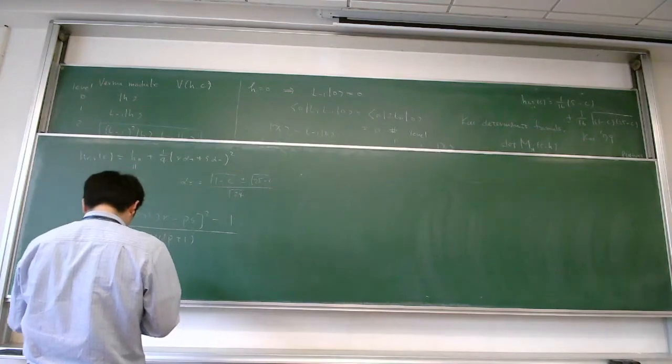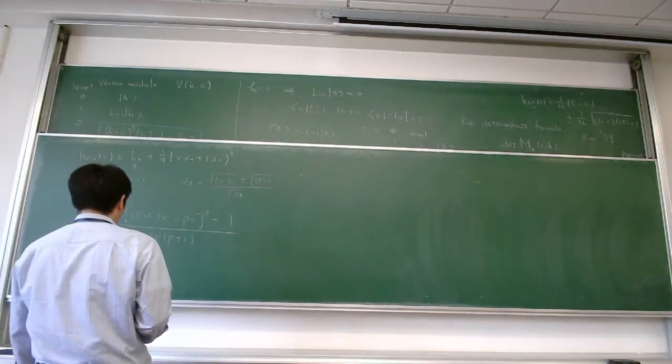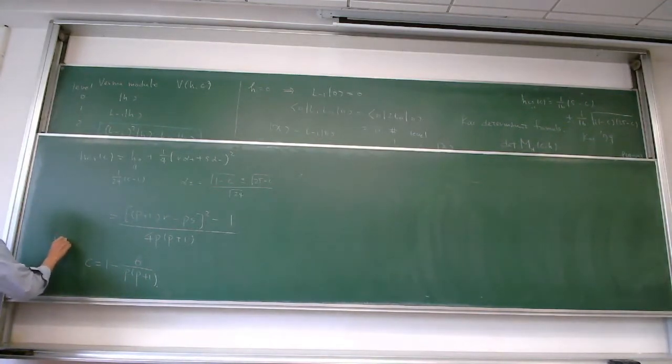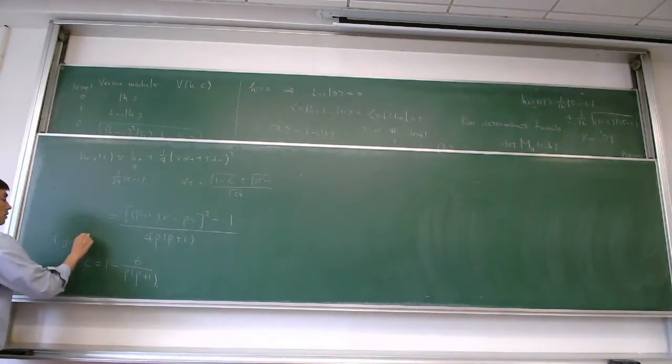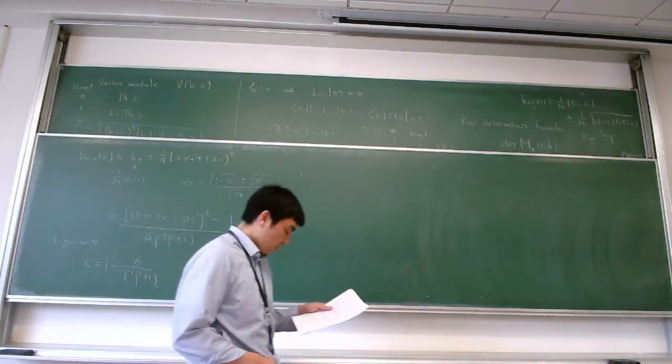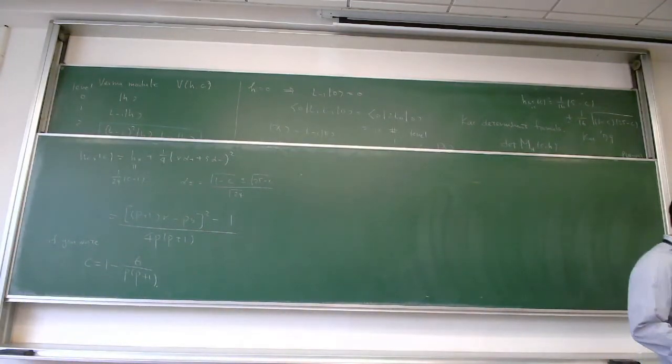So if you write the central charge like this, both are useful, so you need to use both. There's a typo in my lecture note. This m has two branches, but it should be p.